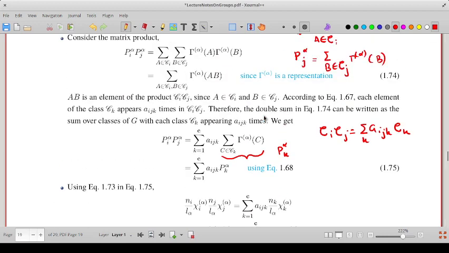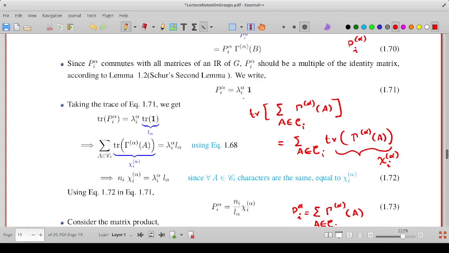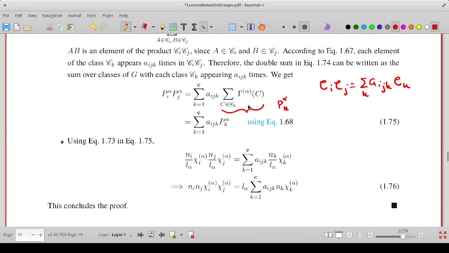Now we have an equation for P_i^alpha, which is n_i by l_alpha times chi_i^alpha times the identity matrix. So if I substitute that over here, for P_i^alpha I will have n_i by l_alpha times chi_i^alpha, then there will be an identity matrix here.